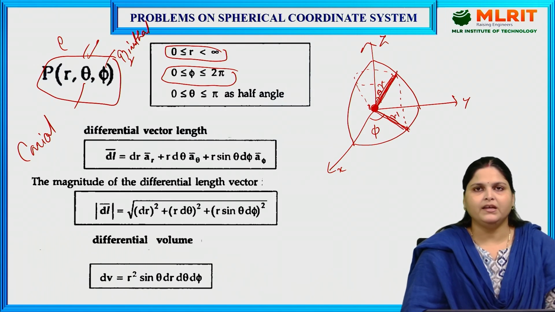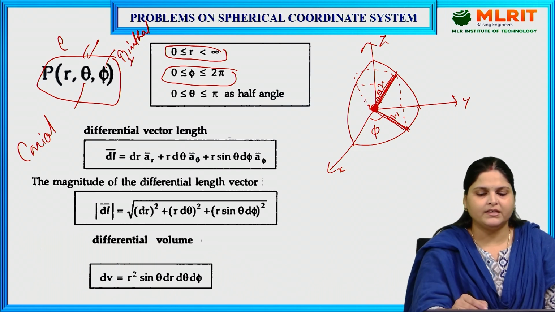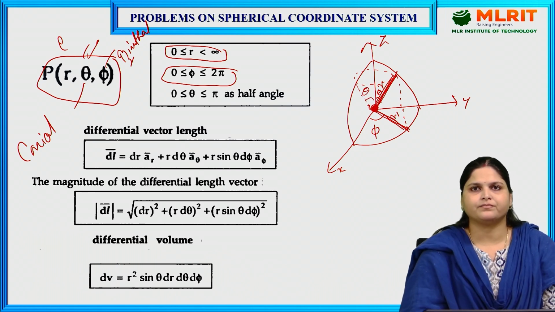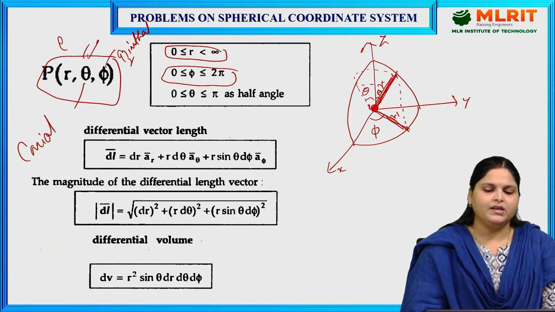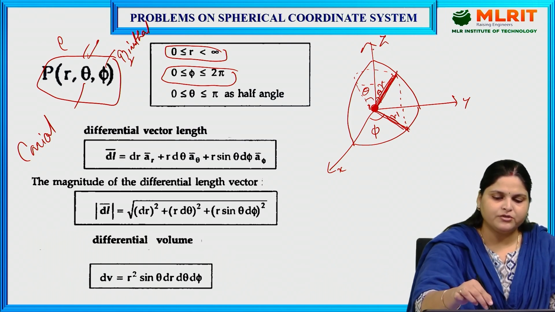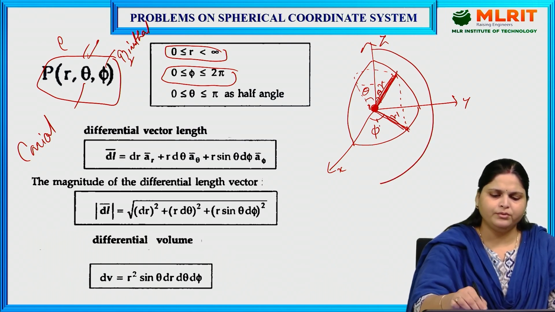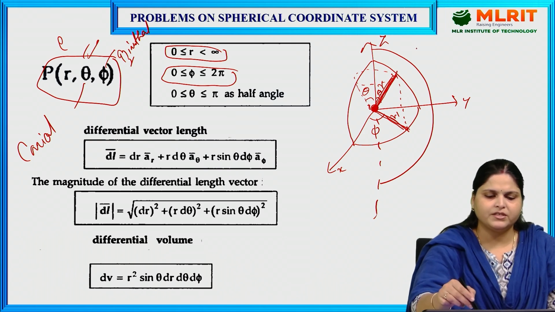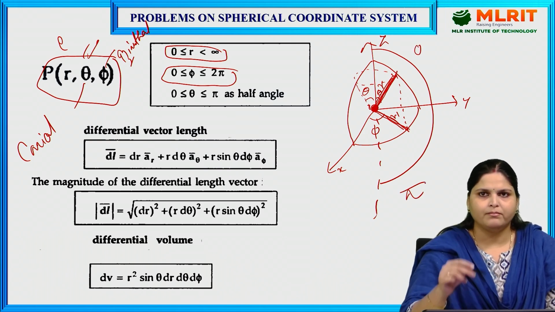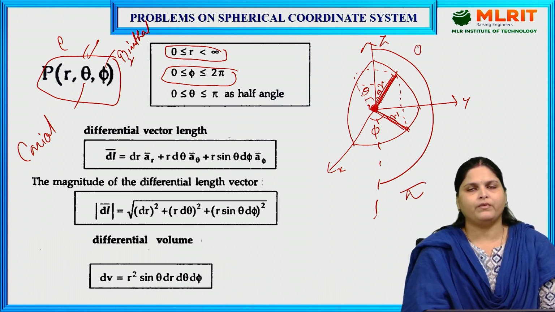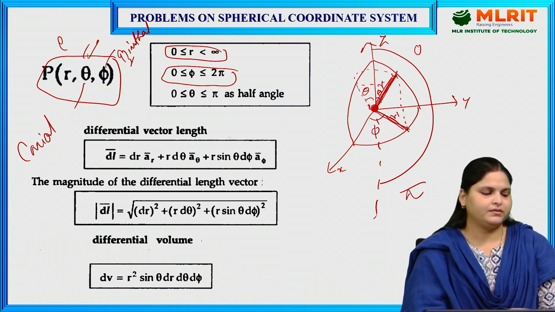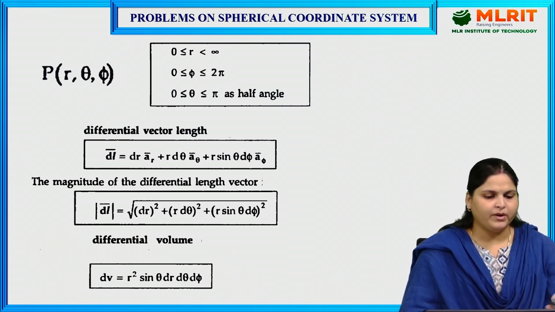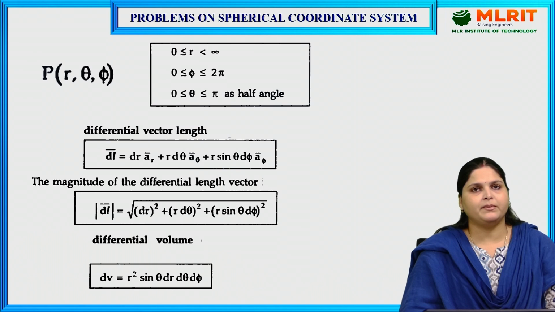That is why it is called the conical angle, and this angle is measured from the z-axis. Its range is from 0 to pi, 0 to 180 degrees. So these are the coordinates of the spherical coordinate system as well as their ranges.